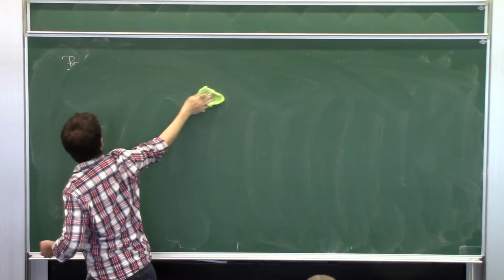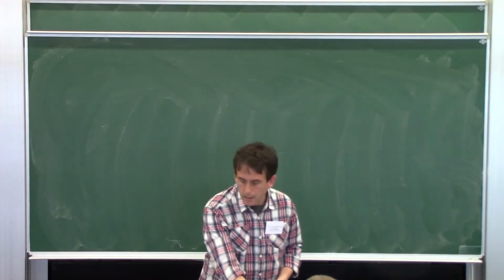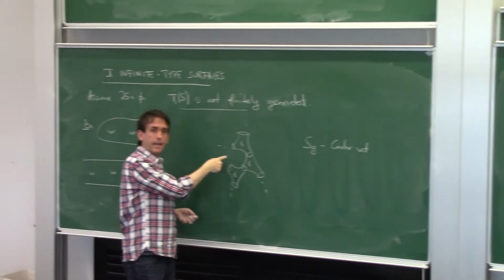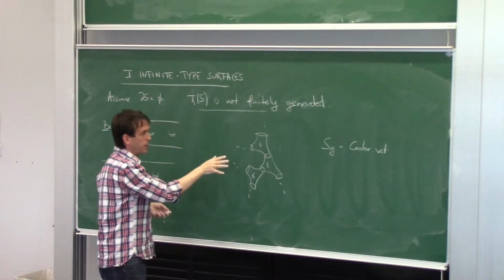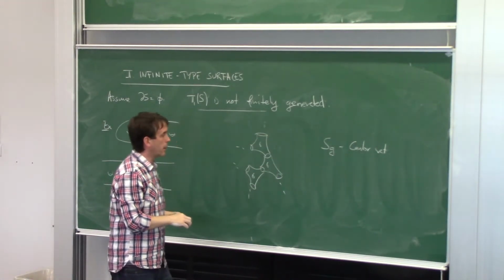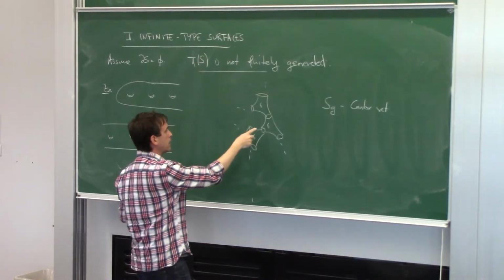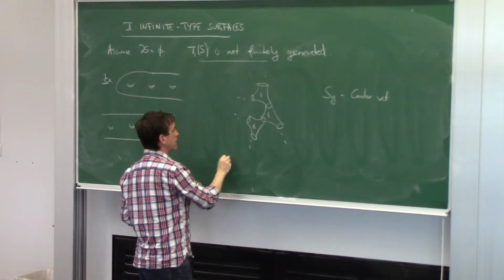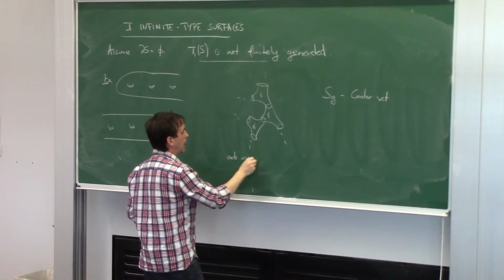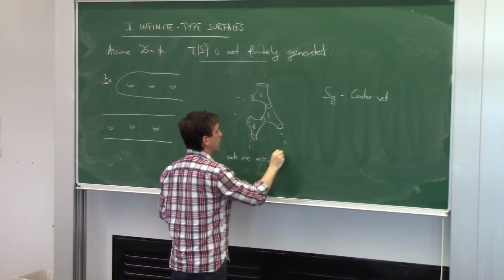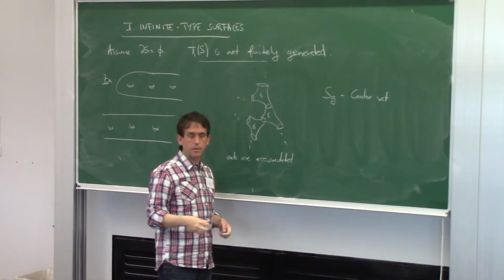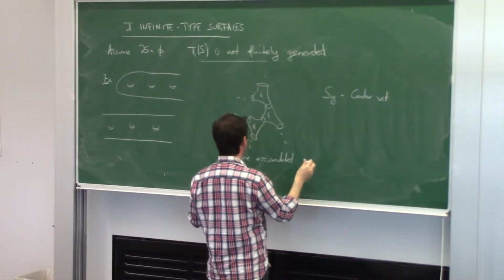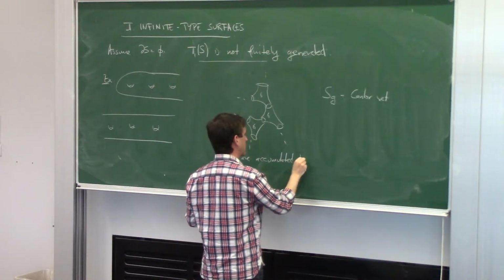So the classification of surfaces tells you that, no, there's something else I didn't say. The space of ends here is a Cantor set, and the space of ends here is a Cantor set. But the two things shouldn't be homeomorphic because here, every end is accumulated by genus, meaning that every neighborhood of the end has positive genus.